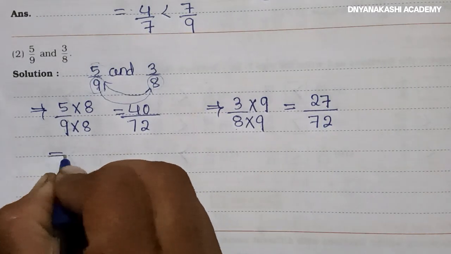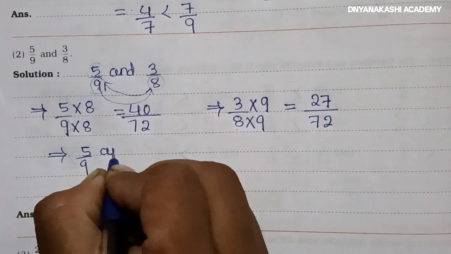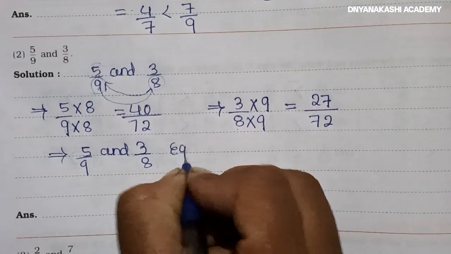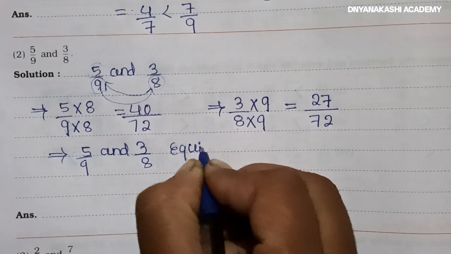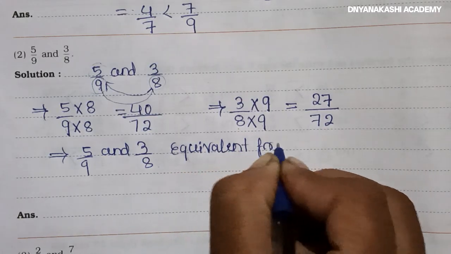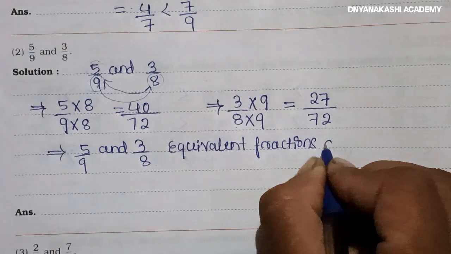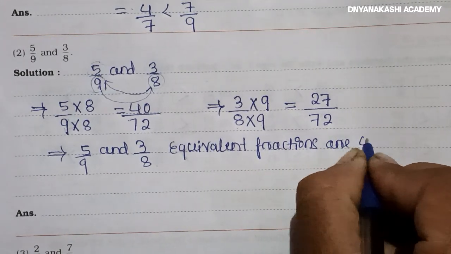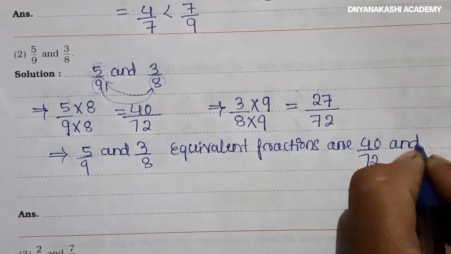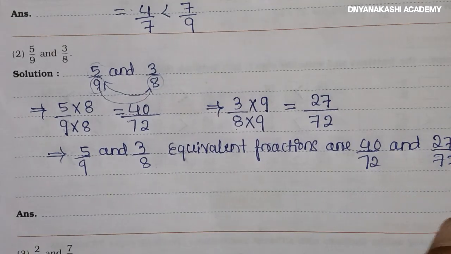The equivalent fractions of 5 by 9 and 3 by 8 are 40 by 72 and 27 by 72.